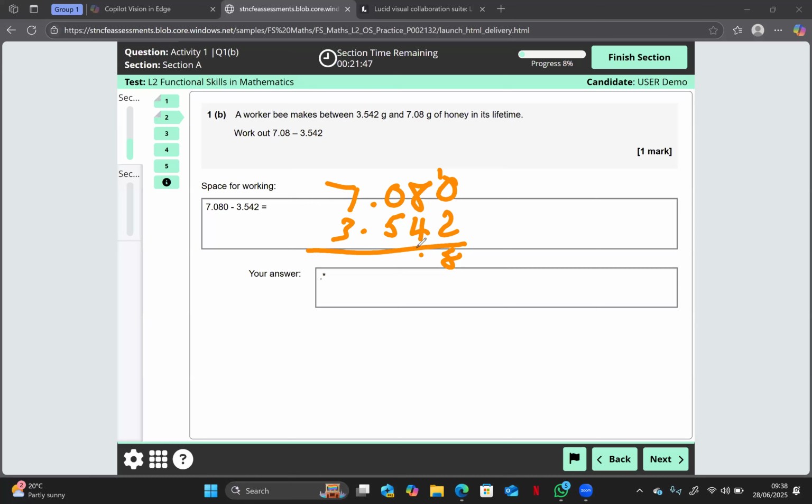Again, carry the 1. 10 take away 5 is 5. Then 7 minus 3 minus 1, which is 3.